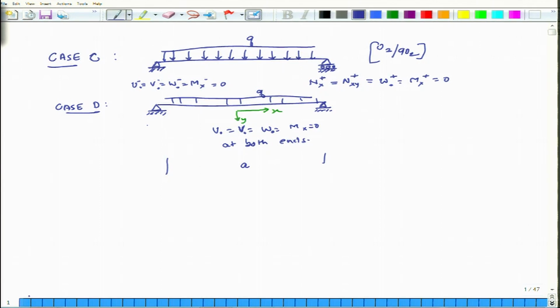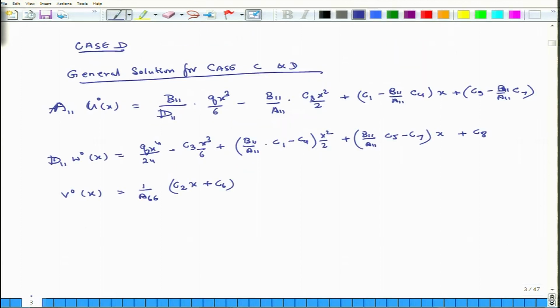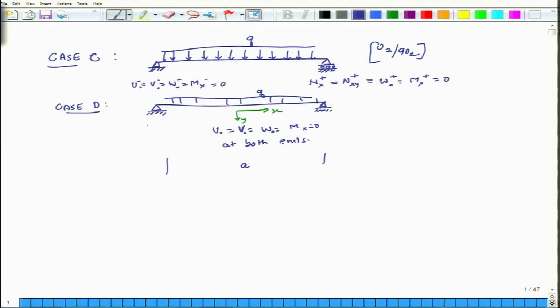So, we use these 8 boundary conditions to find out these 8 integration constants C1 to C8 for case D.